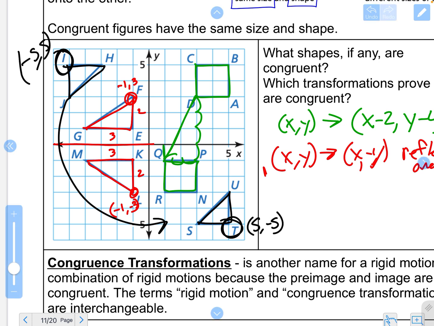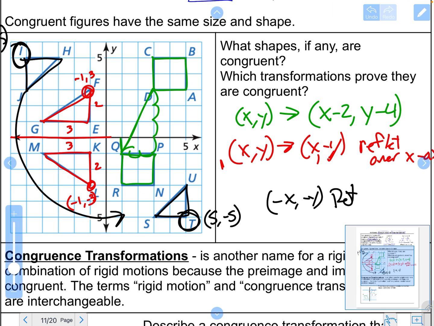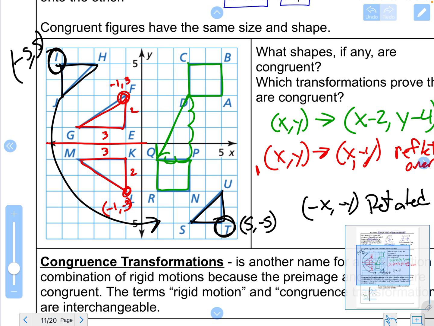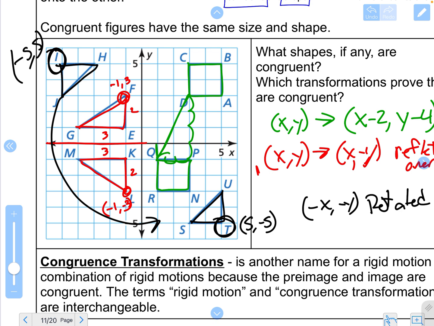If we look at our 180 rule, it's (negative x, negative y). So we could have rotated 180 degrees for that one because we made the x negative and it became positive, and we made the y negative and it stayed negative.